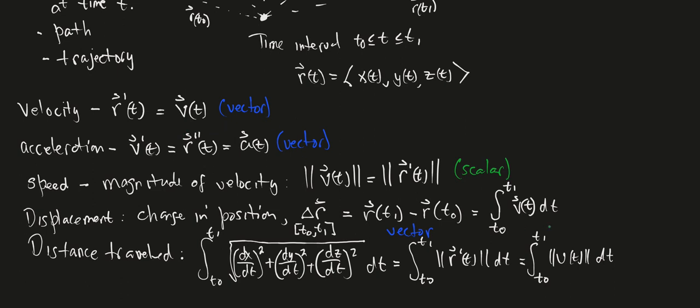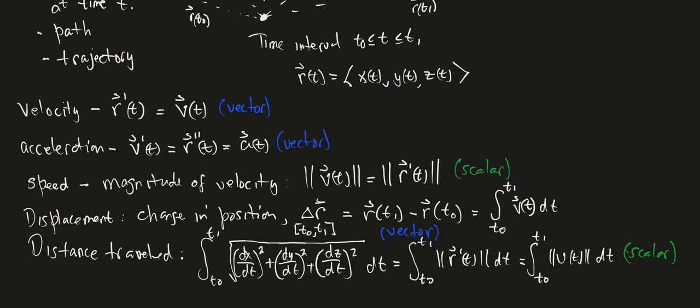But before we jump into our example, I want to finish this list here and notice that distance traveled is also going to be a scalar. So for speed and distance traveled, you're going to get a number as the final answer, whereas for velocity, acceleration, and displacement, you are going to get a vector.